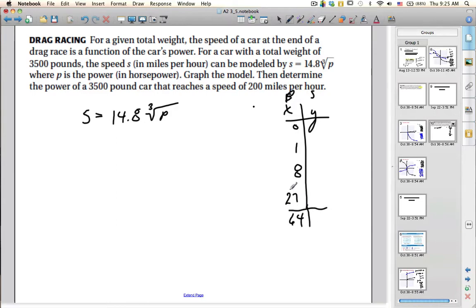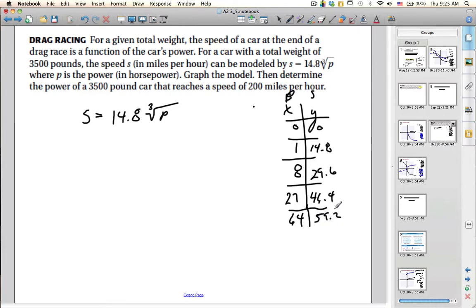So I'd have 0, I'd have 14.8, I'd have 29.6. I'd have 3 times 14.8 is 44.4 and then 4 times 14.8 is 59.2.